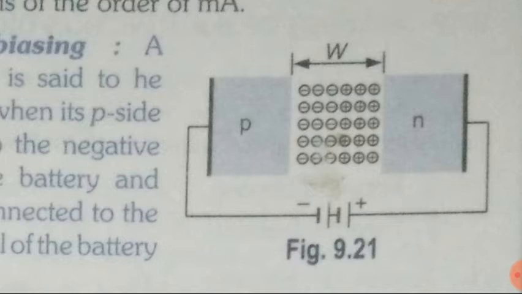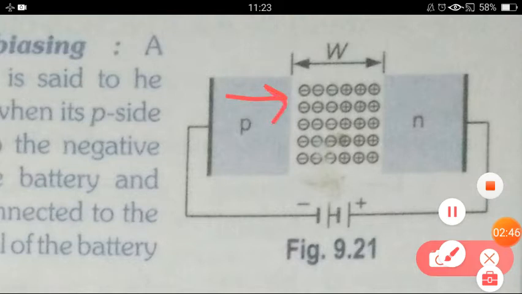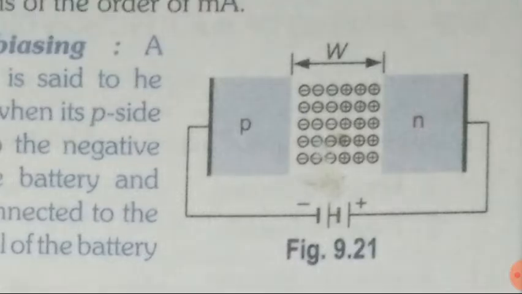But at the p side a small number of electrons are there, which are minority charge carriers. Similarly at the n side the minority charge carriers are holes. From the p side the minority carriers, electrons, will move towards the junction, and from the n side the minority carriers, holes, will also move towards the junction. Because of them a very small current will flow in this circuit.